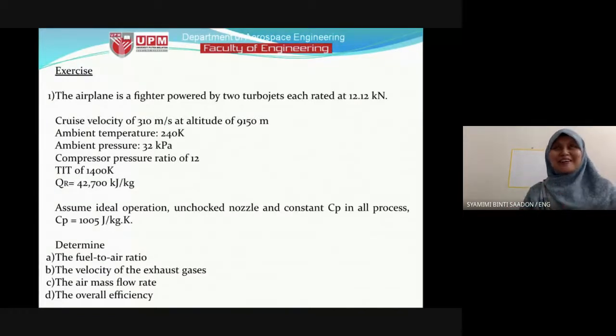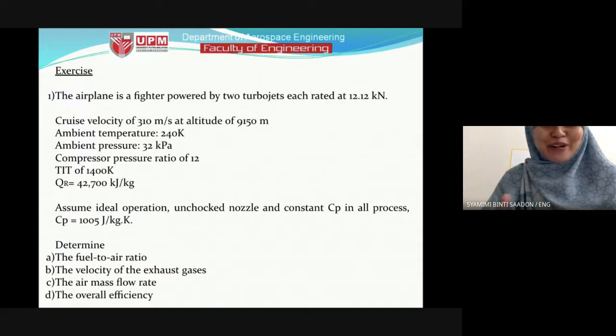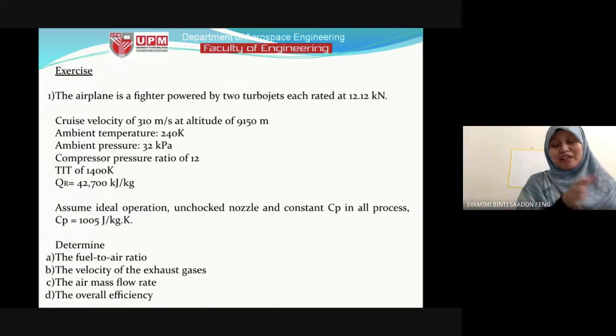Like I explained one more time, I have explained this before in the previous chapter. Limited means that the mass flow rate cannot be further increased in the pipe or in the flow of the engine.